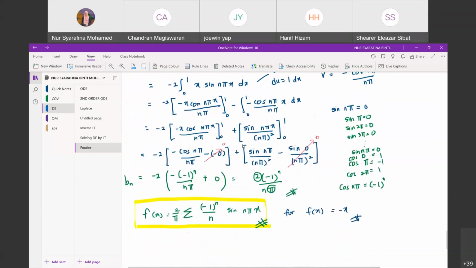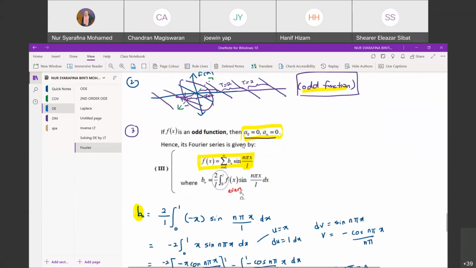So actually this bn is equal to 1 over L integrate from negative L to L of f(x) sine n pi x.